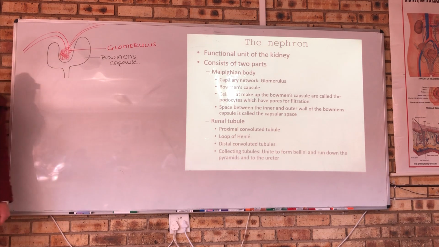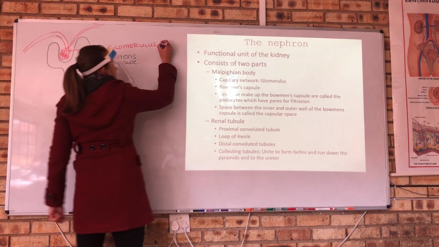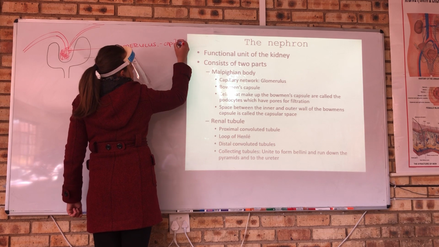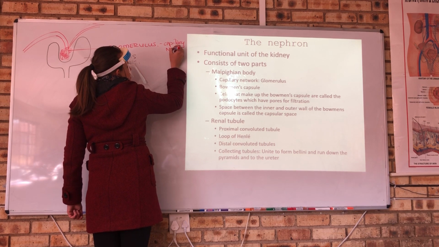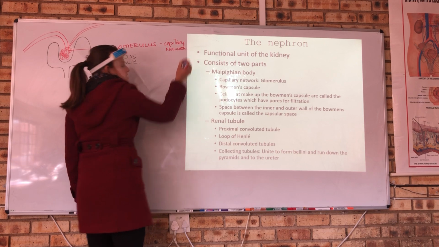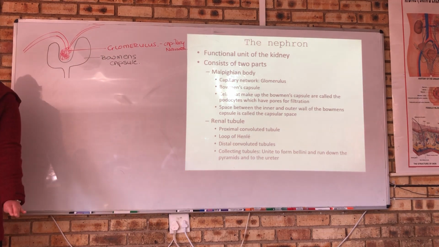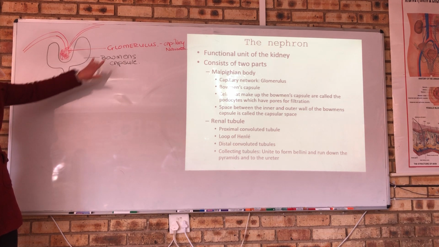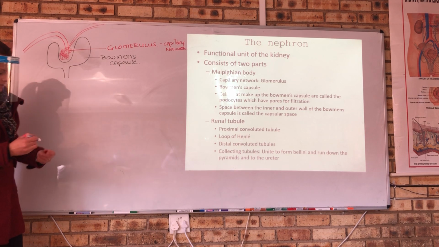The glomerulus. What is the glomerulus? It's a capillary network. In other words, it's just blood. Okay. Blood that goes into this network, and it's got a special name called the glomerulus.